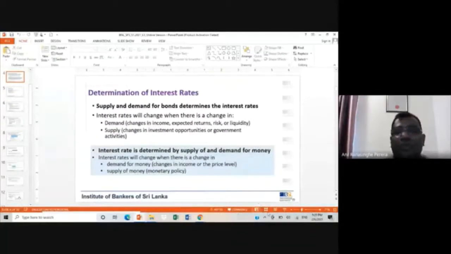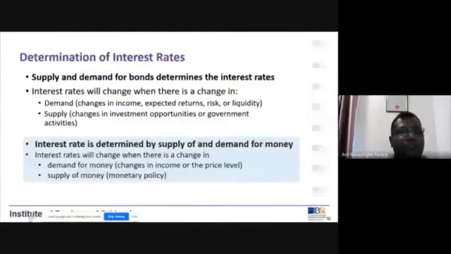In the case of Keynesian analysis, we take interest rate as demand and supply for money. So money supply in the economy is like this, MS. I think I didn't draw this chart. Maybe that was the confusion.